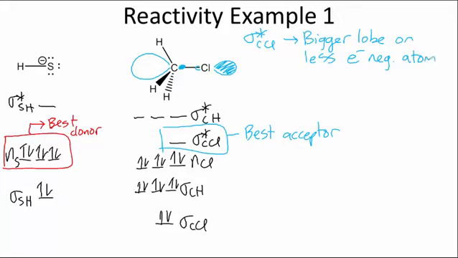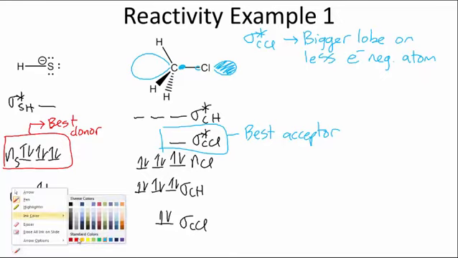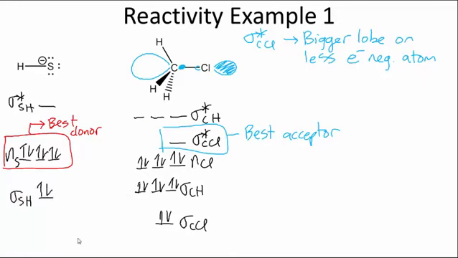And my sulfur lone pairs are just going to be sp3 hybridized orbitals, so they'd be pointed out in different directions. So I have my lone pairs.